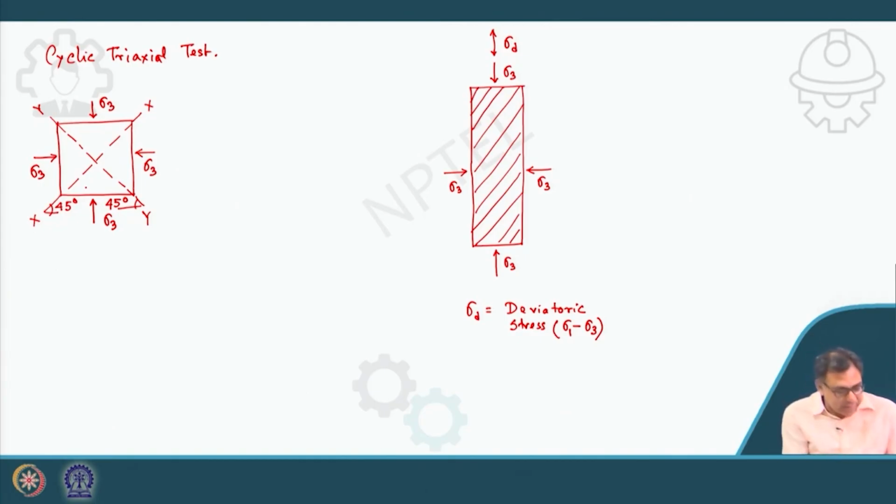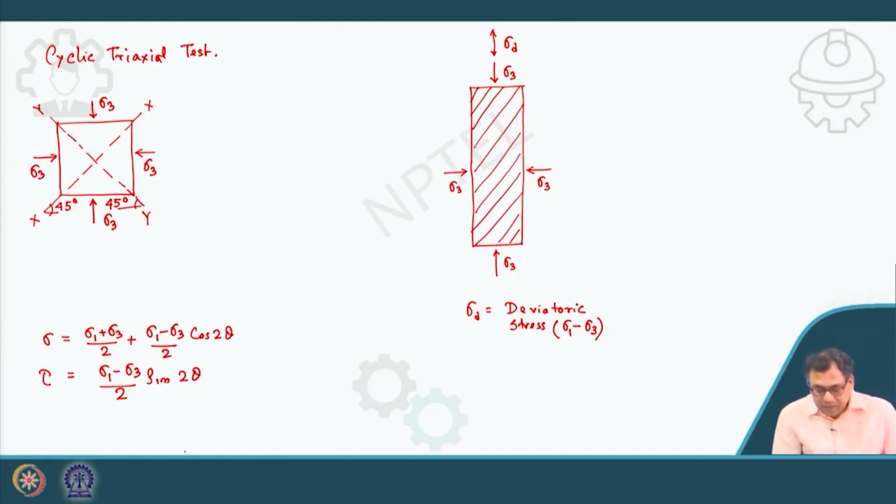We know that the normal stress sigma is equal to (sigma 1 plus sigma 3) divided by 2 plus (sigma 1 minus sigma 3) divided by 2 into cos 2 theta, and the shear stress is equal to (sigma 1 minus sigma 3) divided by 2 into sin 2 theta, where theta is 45 degrees. Both planes make an angle of 45 degrees, so 2 theta is 90 degrees, and cos 90 is 0.